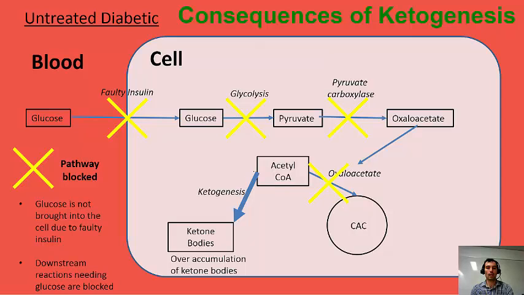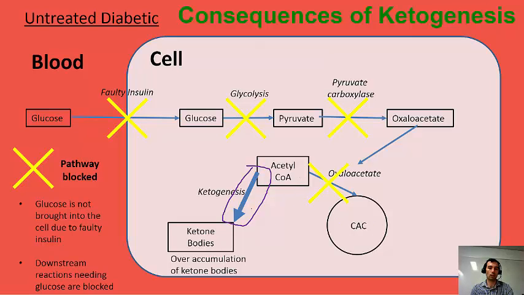However, what we can use the acetyl-CoA for is ketogenesis. We don't need oxaloacetate to do ketogenesis. That's why we've got such a large arrow here, because the acetyl-CoA is going to be used to make ketone bodies and not used for the citric acid cycle.